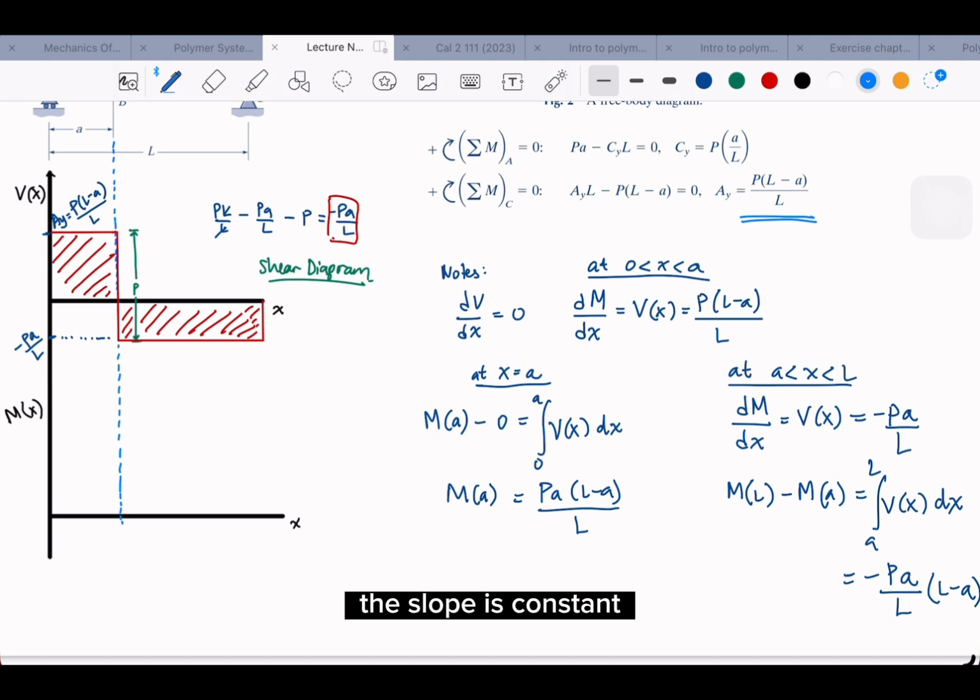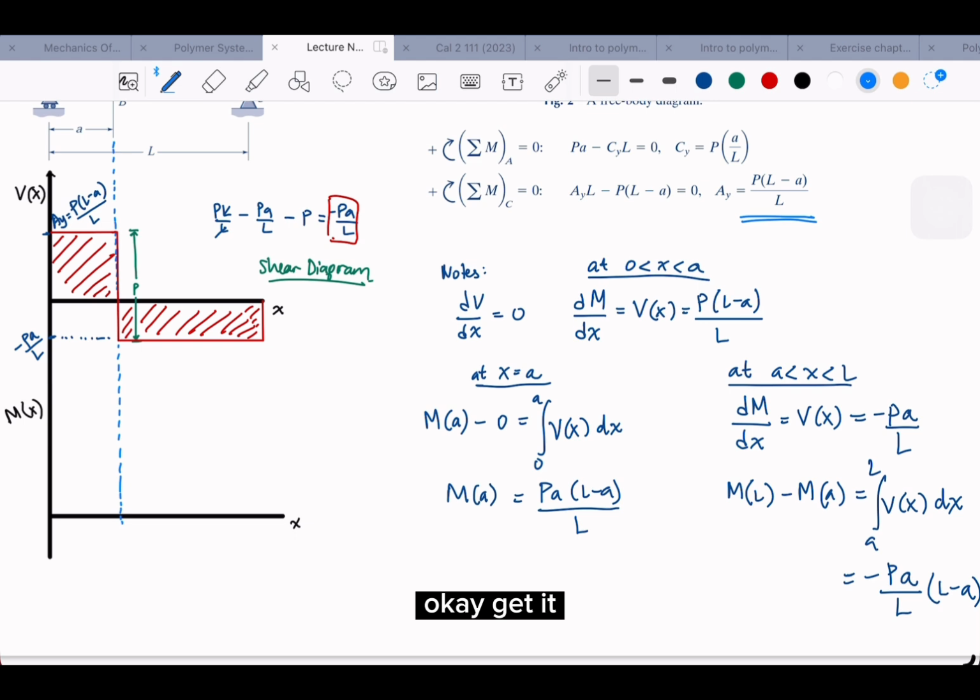The slope is constant, which means that we are having a linear function, right? If you graph this, you can describe this axis here as positive slope, and this as negative slope, okay?